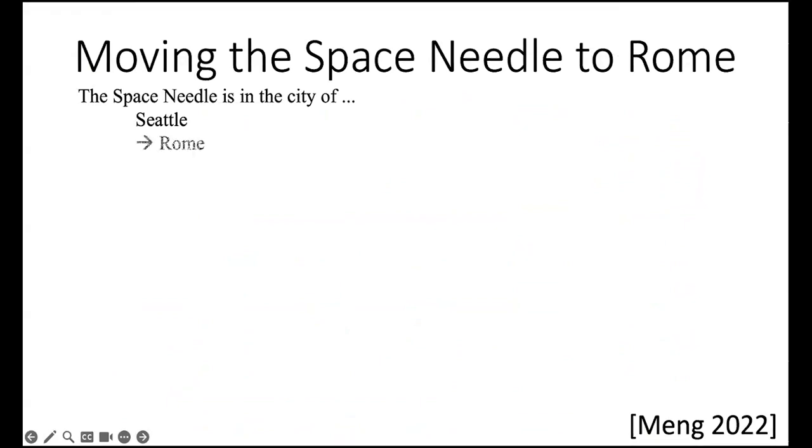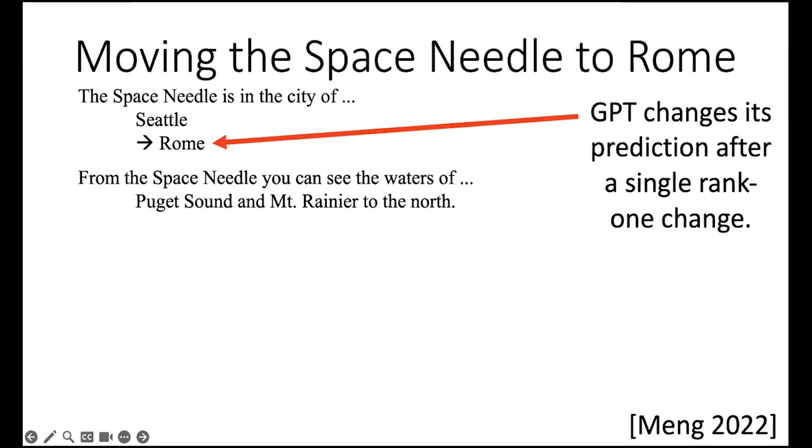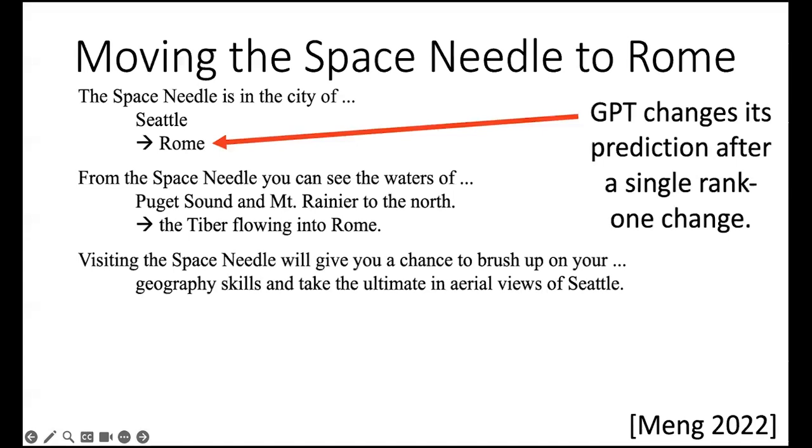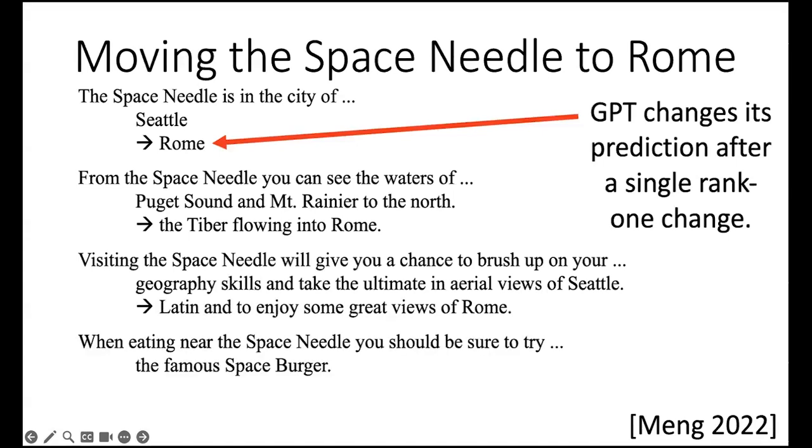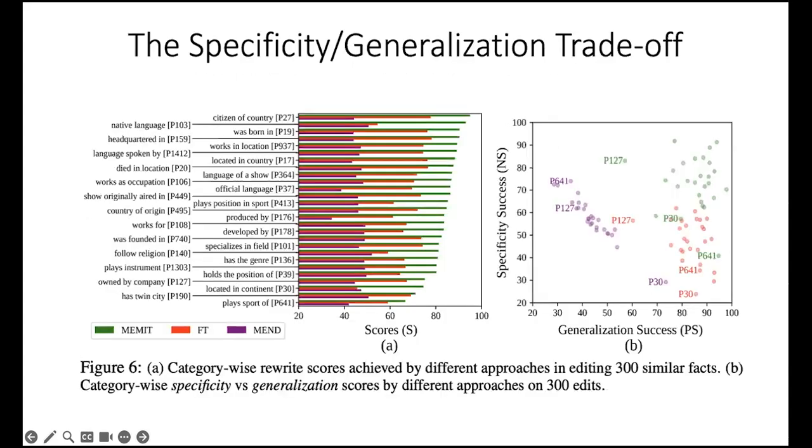If you ask the initial question that you asked it, of course it'll say Rome. But if you reword your question, ask it in a different way, it'll give you all sorts of different contexts, like, oh, you should learn Latin, you should eat pasta instead of burgers. And so what the research here does, to try to square the circle, is it tests both specificity and generalization.